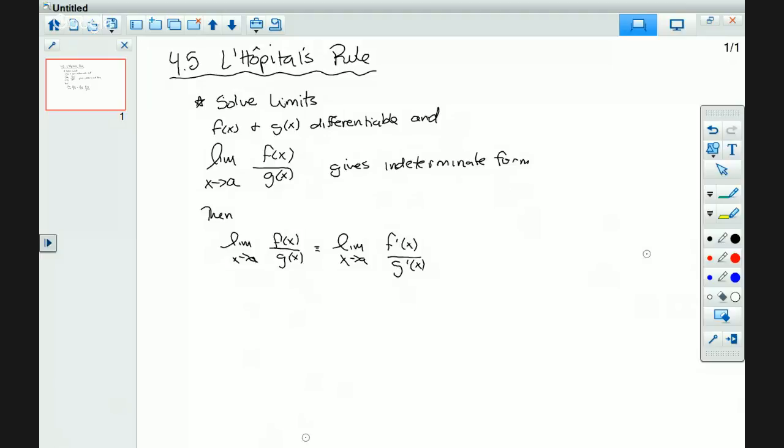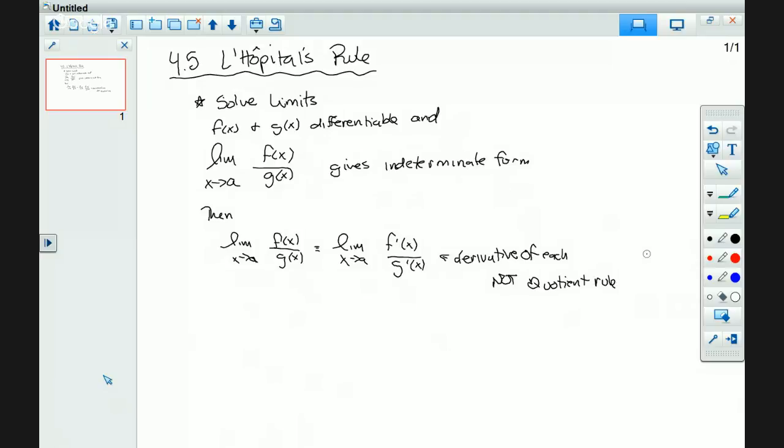So this says if these are differentiable and the original gives an indeterminate form, we can take the derivative of each of them and resolve the problem by plug and chug. This is not a quotient rule. I'll show you an example, so be careful. Not quotient rule. People are tempted to use the quotient rule because it's division, but you don't need to. All right. So that's L'Hopital's rule.